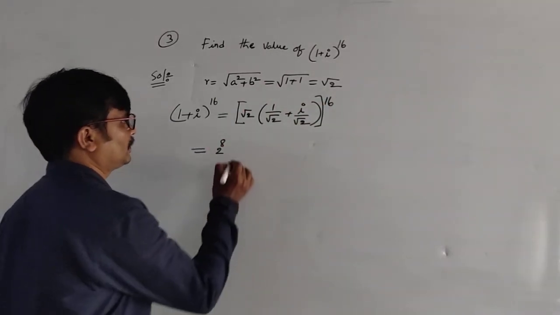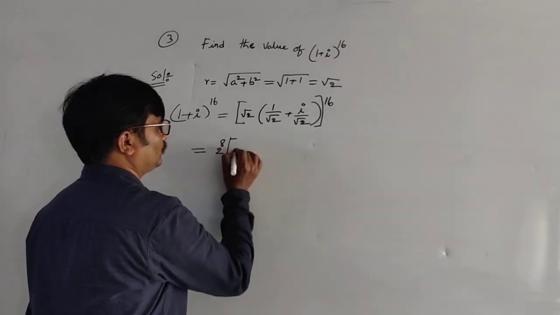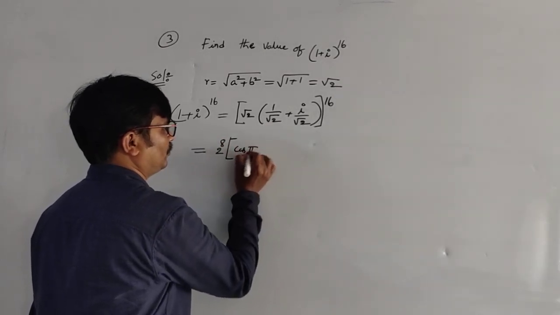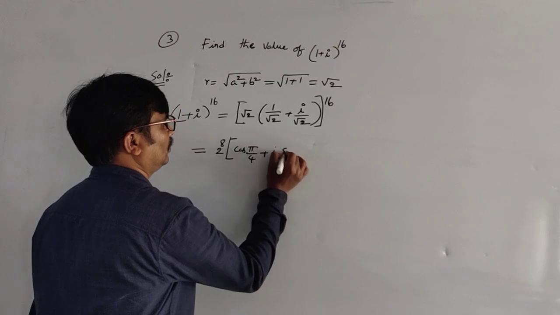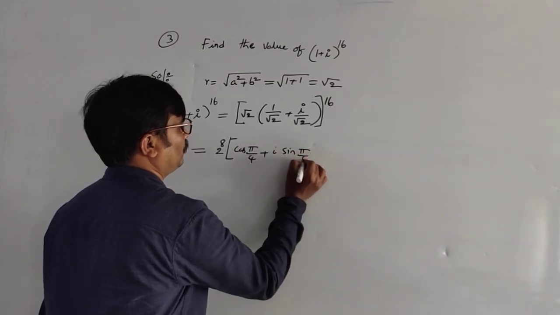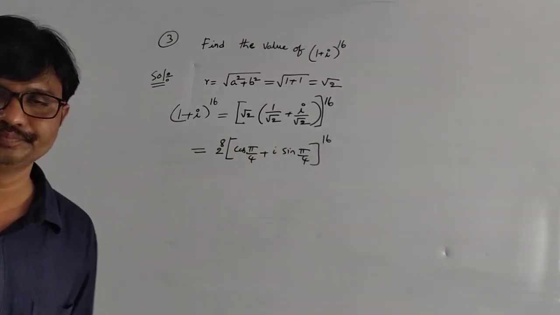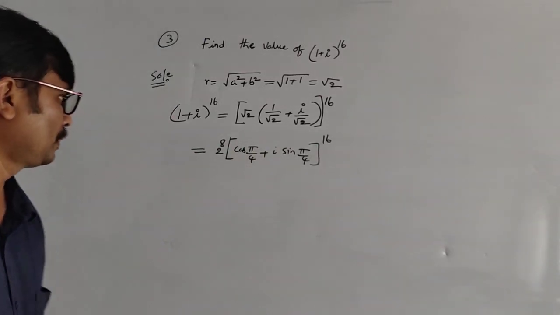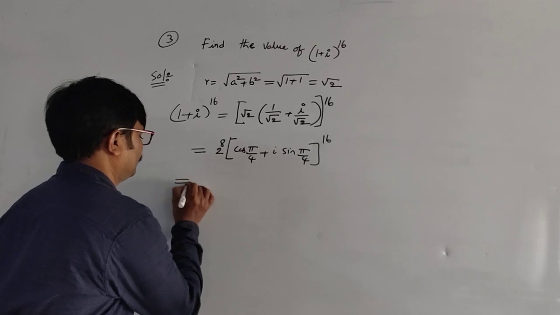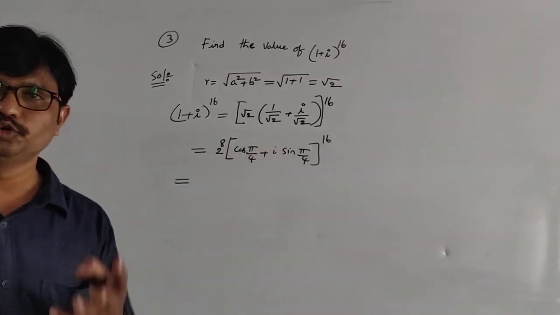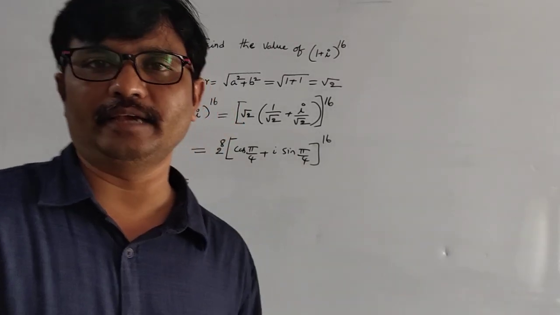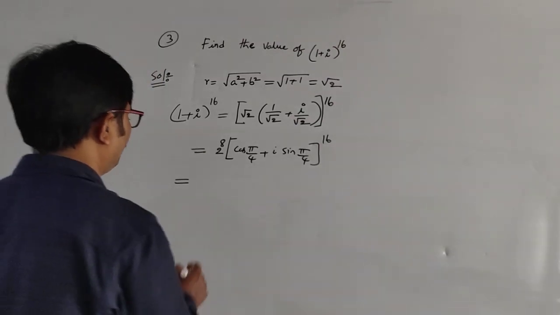After that students, 1 by root 2 is the value of cos pi by 4, plus I sin pi by 4, whole power 16. Okay students, 2 power 8, 2 into 2 into 2, 8 times, that is 256.